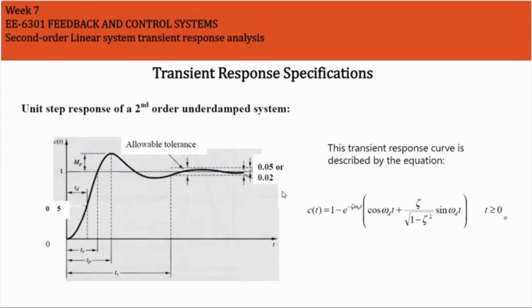To get the equation of this transient response, C of t is equal to 1 minus e to the negative zeta omega n t multiplied by the quantity cosine omega d t plus zeta over the square root of 1 minus zeta squared times sine omega d t, where t is greater than or equal to 0.